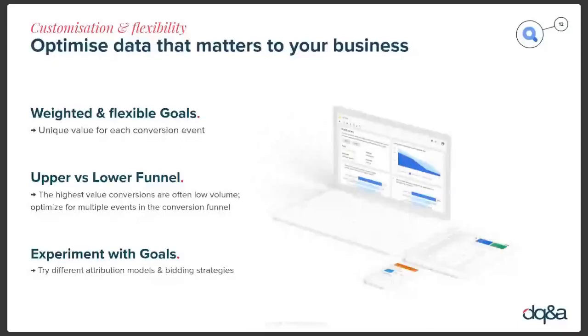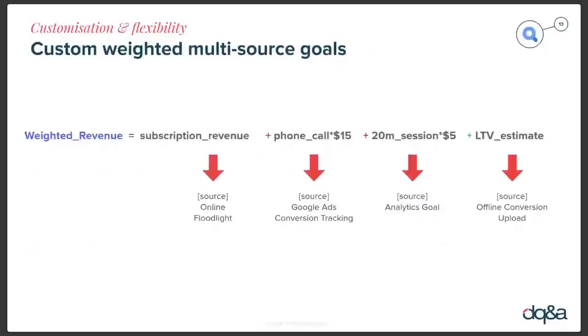So as mentioned, for the custom weighted multi-source goals, for example, you have a weighted revenue. If someone is making a subscription via email, this has a revenue of, let's say, about 10 cents. If someone is going to call you, you give this a value of $15.